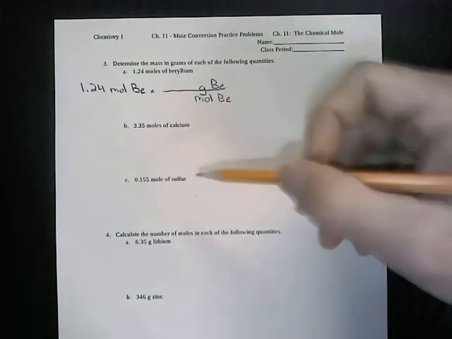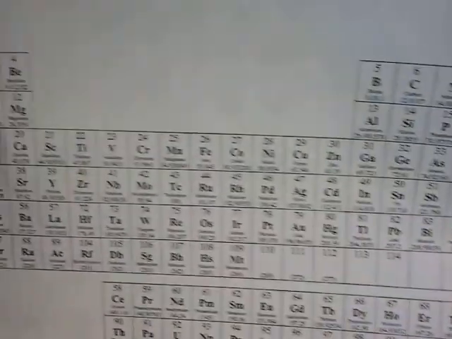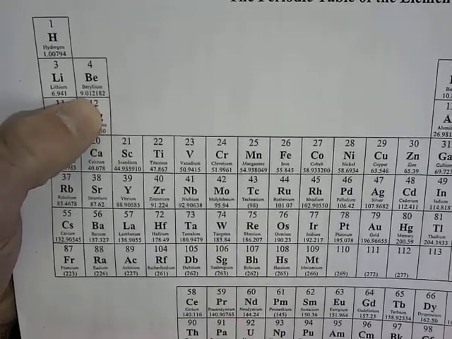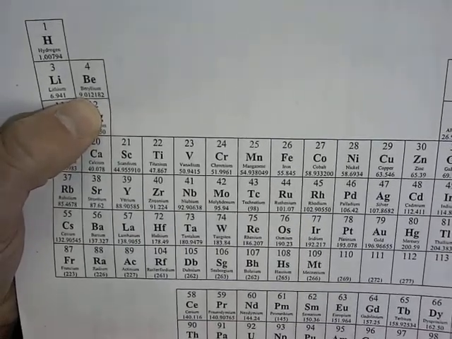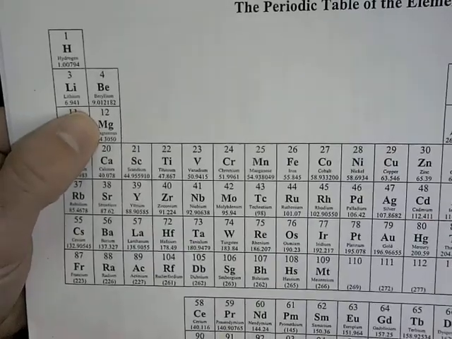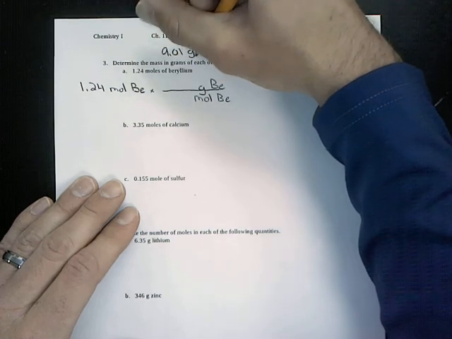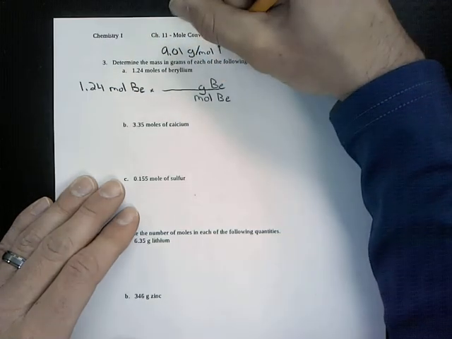Okay, where do I get those numbers to find the number of grams per mole? Well, I look on the periodic table. I found Be. I round to 2 decimals, so I'm going to round to 9.01. And so that is 9.01 grams per mole of Be.